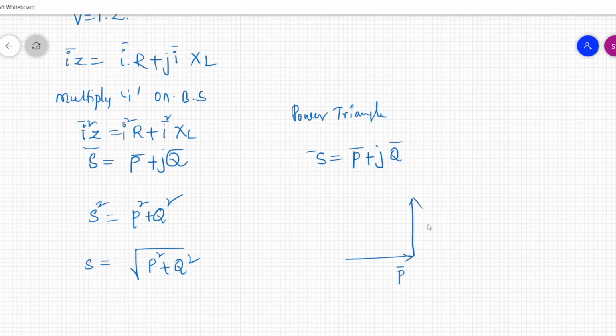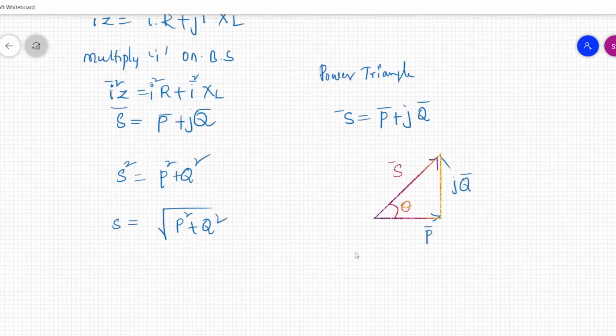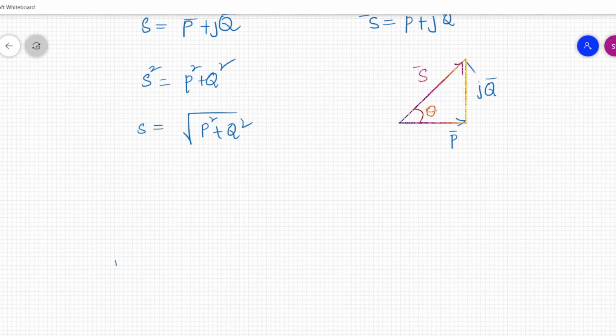This is the lagging Q and the sum will be S bar. This is theta, the power angle, or you can also call it the power factor angle. So cos theta equals P by S from the power triangle, that is, real power by apparent power.